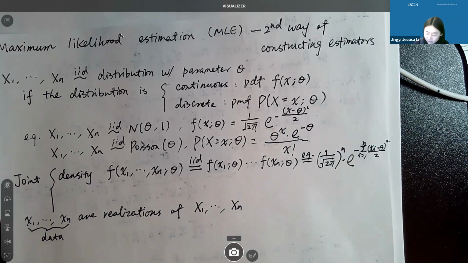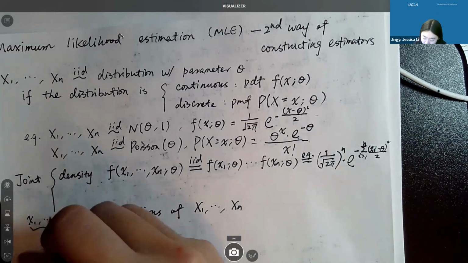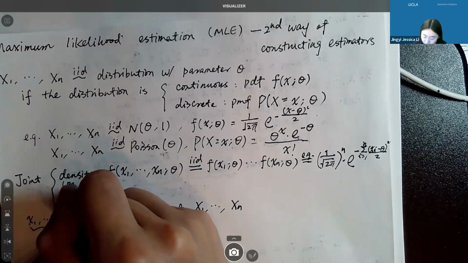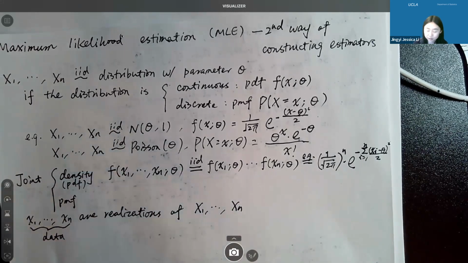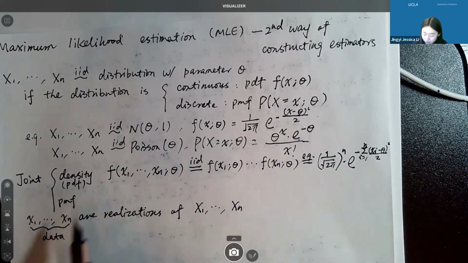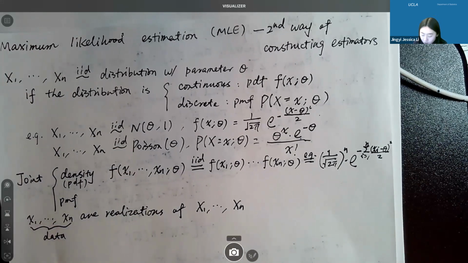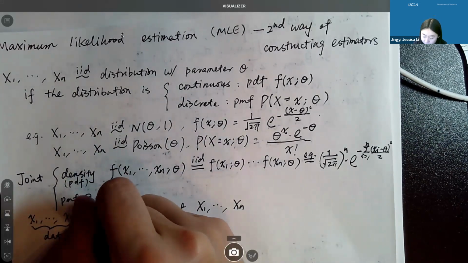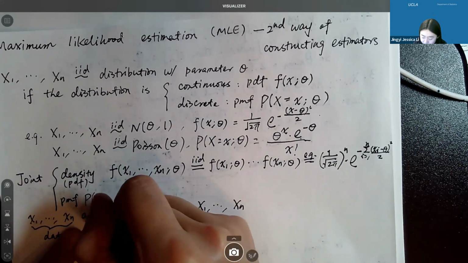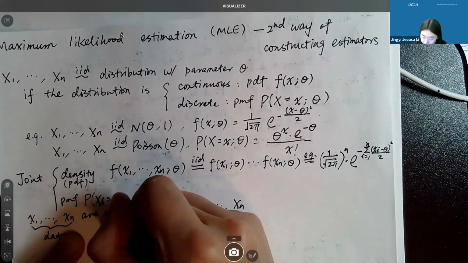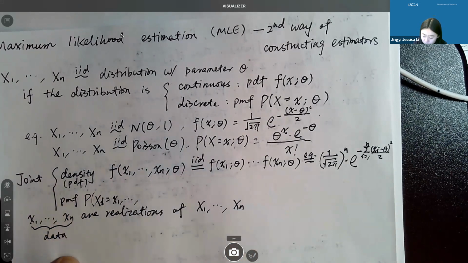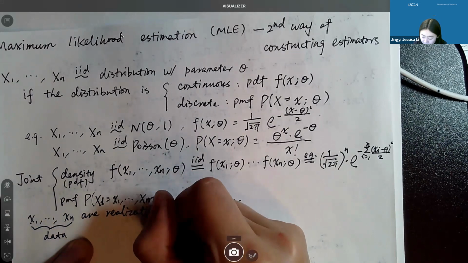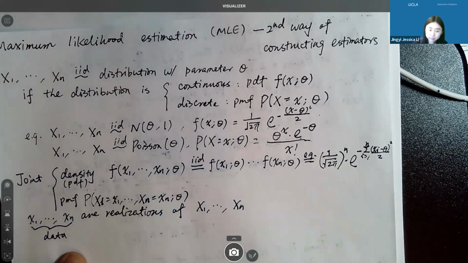How about the joint PMF? Or I should say the density is also PDF, probability density function. So density is short for PDF. I'm going to mark it here to avoid confusion. If they're all discrete, then the PMF is actually of this form. The probability that big X1 is equal to small x1 and up to the random variable big Xn takes value small xn at this parameter theta.